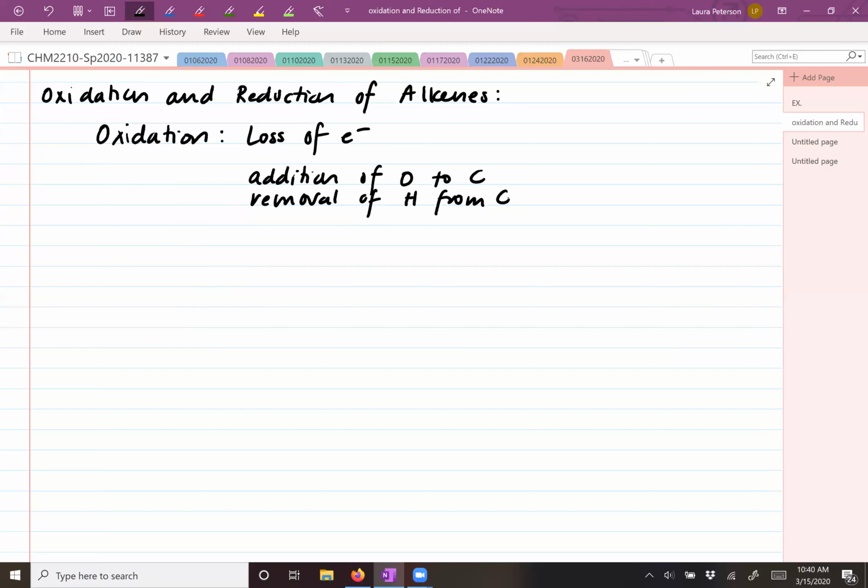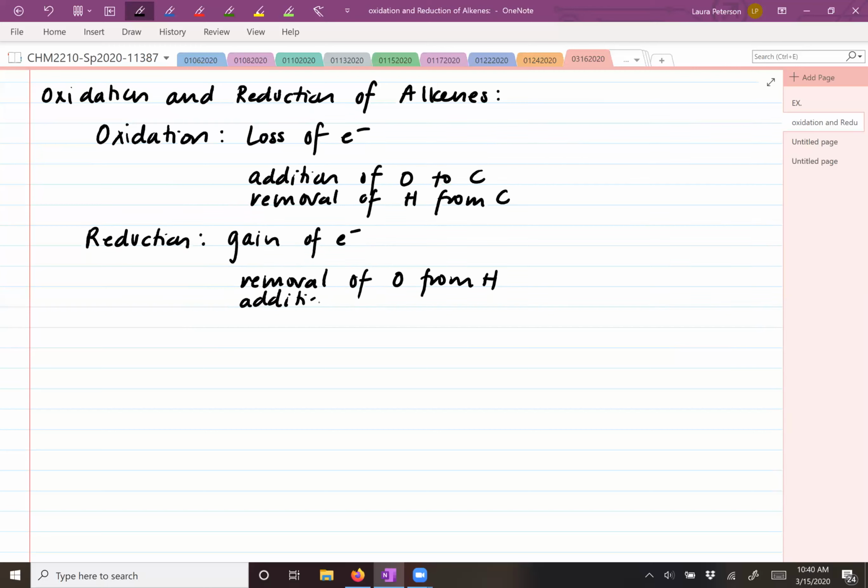And then reduction is basically the opposite. Reduction reactions, that was the GER part of LEO the lion, a gain of electrons. From our organic molecule carbon standpoint, what we're going to be looking for is the removal of oxygen from carbon, or the addition of hydrogen to carbon.